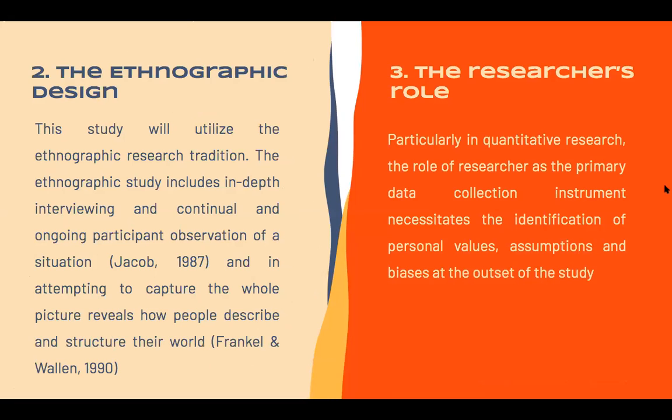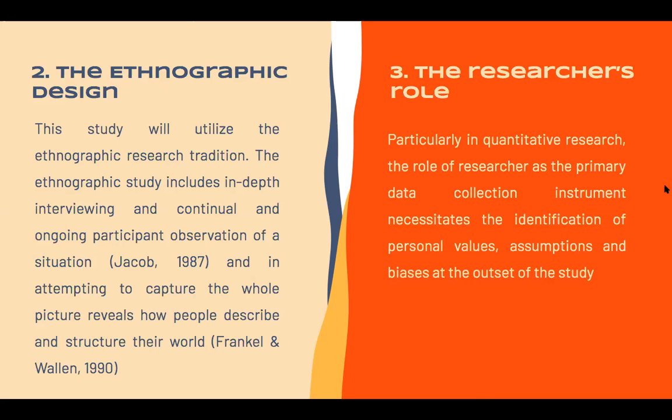So this study will utilize the ethnographic research tradition. The ethnographic study includes in-depth interviewing and continual and ongoing participant observation of a situation, according to Jacob 1987. In attempting to capture the whole picture, it reveals how people describe and structure their world, according to Fraenkel and Wallen in 1990.